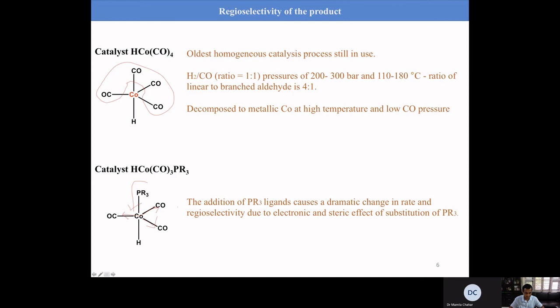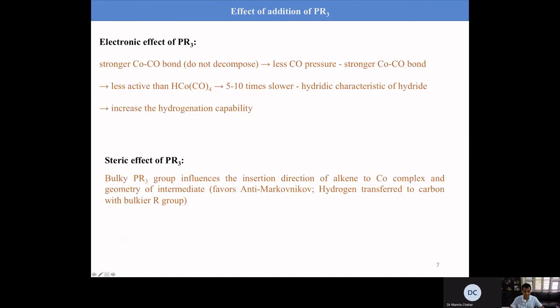That means this will now be a more stable complex, and hydride also will be more nucleophilic compared to this hydride, right? That makes sense. That's an excellent opportunity. So less active, of course, about 5 times slower in terms of olefin binding and all other steps, but hydridic characteristic of hydride increases the hydrogenation capability, okay?